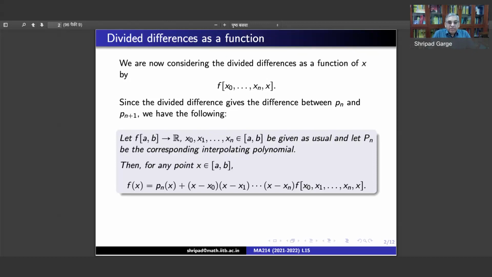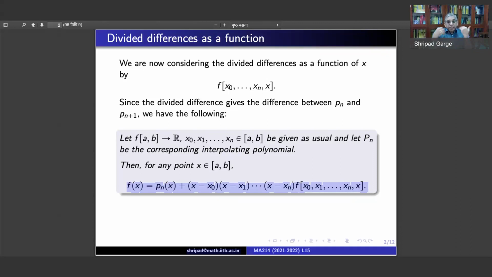So remember, whenever you had Pn minus 1 and you wanted to look at Pn instead of f, then here we would have the corresponding divided difference. Or let's say that you have Pn plus 1. If you have an x, we call the x to be xn plus 1, which is, let's say, different from all the x0 up to xn.